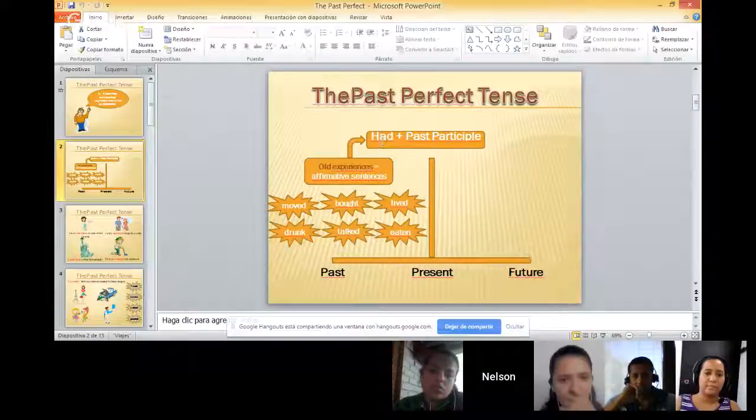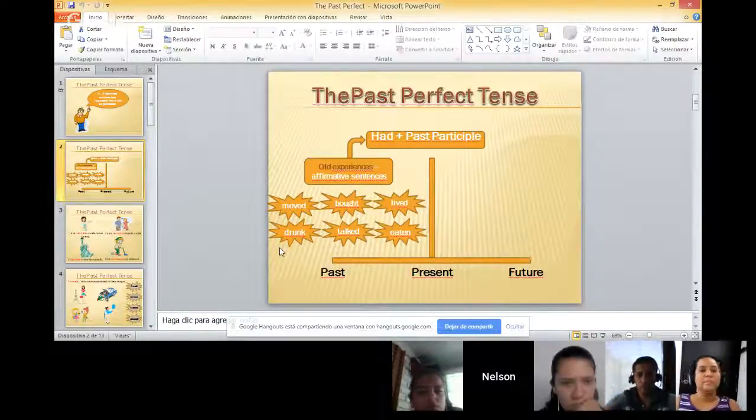Well, you are right when you say that we need the auxiliary verb had and the past participle form of the verb. For regular verbs, the ed form is present again, but in the irregular forms, there are cases in which we change the verb. Remember that we have studied the base form, the past simple form, and the present continuous form.